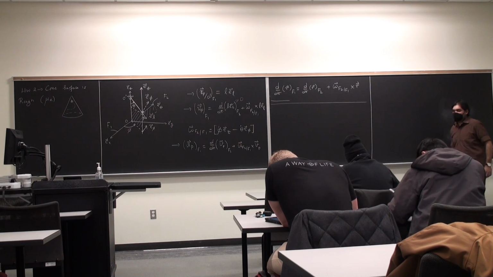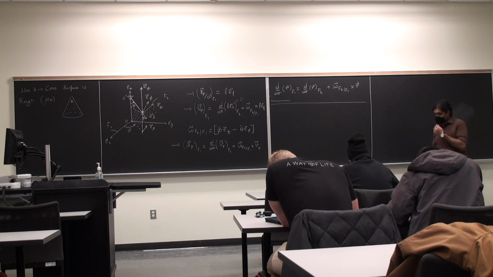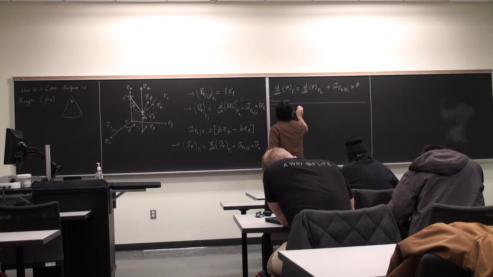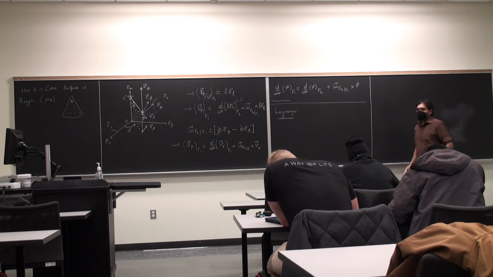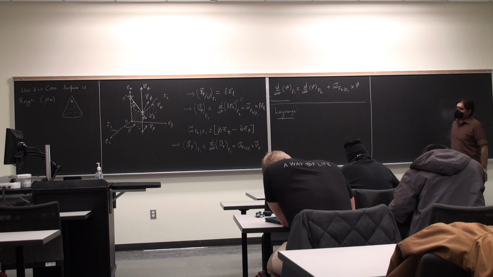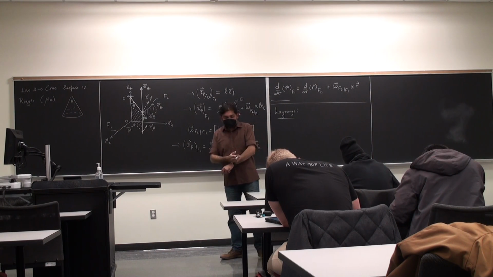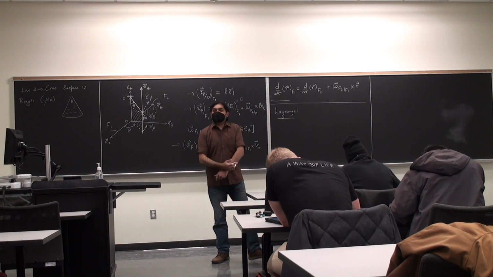Okay, so I'm going to start from where we were last time. I'm going to start with Newton's laws. We will reach a very interesting point in this lecture as to the definition of the Lagrangian.